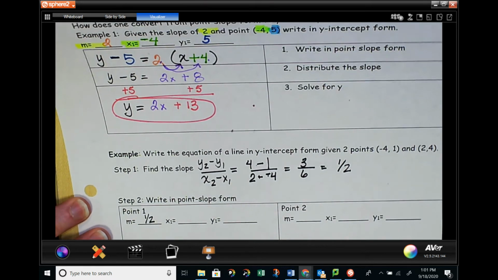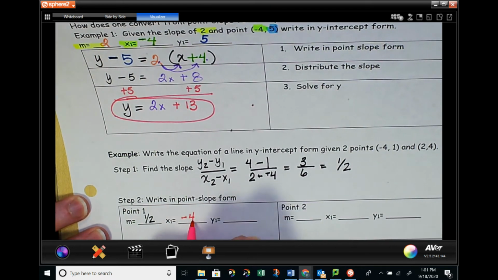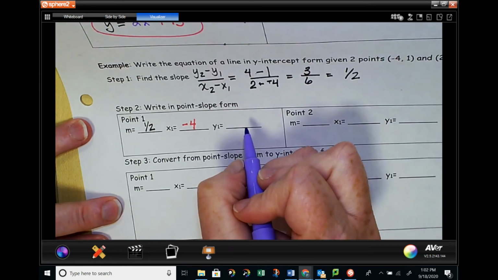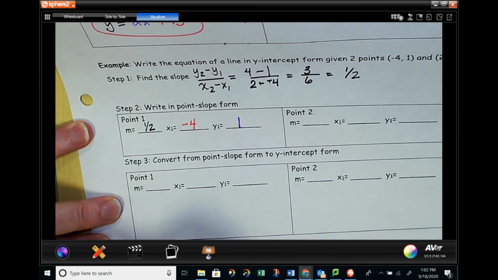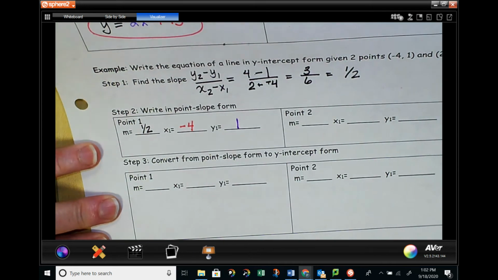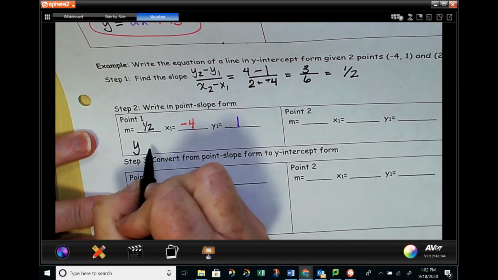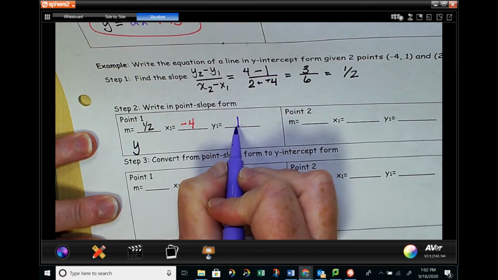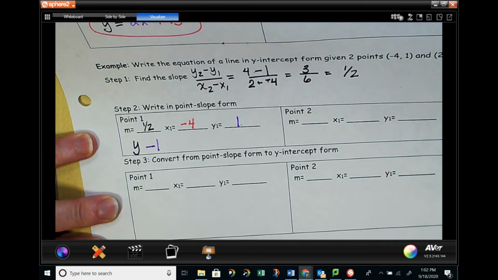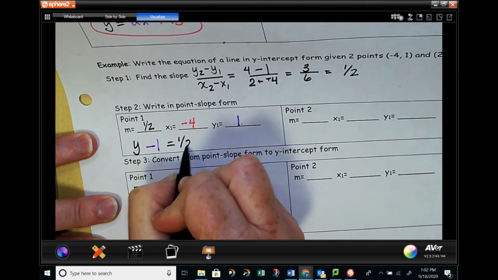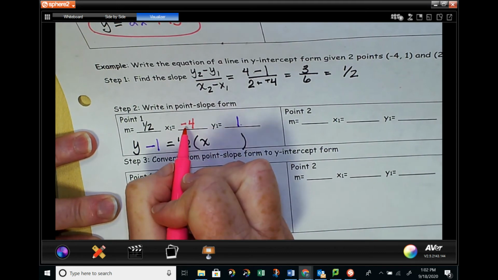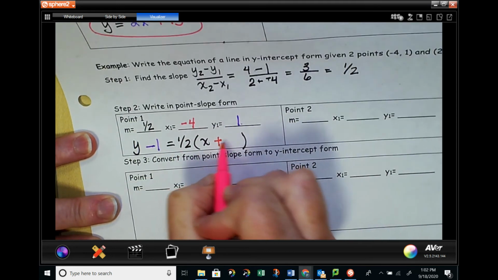And then my x1 is negative 4, and y1 is 1. And again, with my slope, when I write my equation, y, the opposite of positive 1 is minus 1, equals my slope, x, and then the opposite of negative 4 is plus 4.